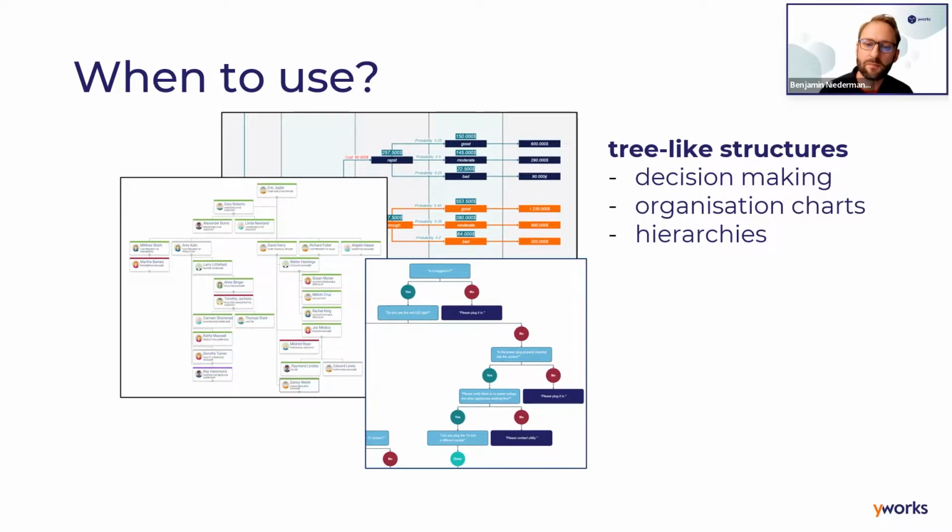So for decision making, this is a typical use case, as are organization charts or hierarchies. And I wrote here tree-like structures, as I already said. There are possibilities to use the tree layout on graphs that are not trees. But I will show later on in the coding example how to do this.